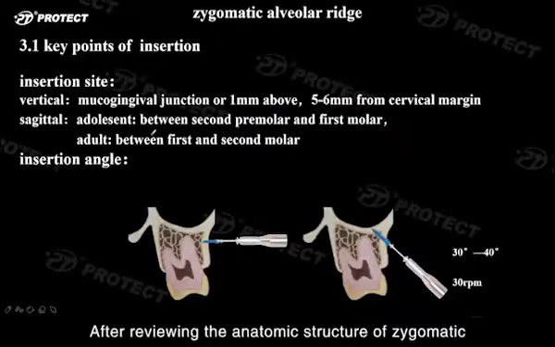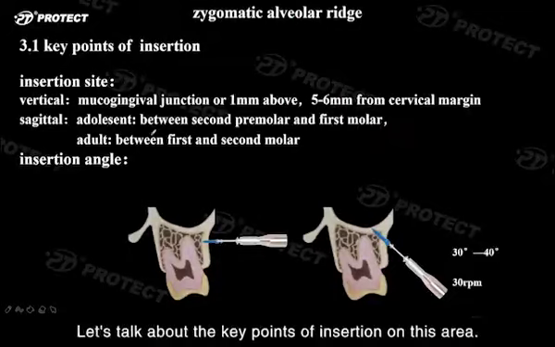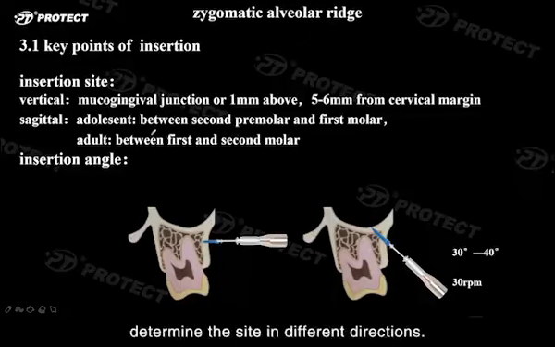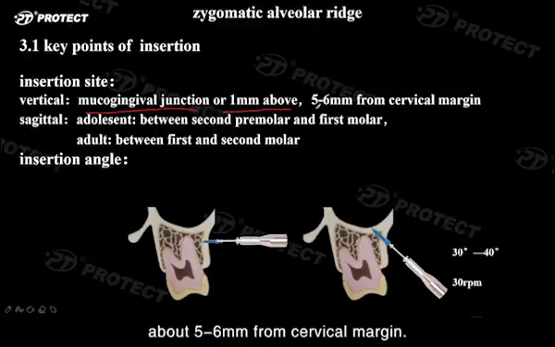After reviewing the anatomic structure of the zygomatic orbital ridge, let's talk about the key points of insertion in this area. Firstly, determine the site in different directions. In the vertical direction, the site is on the mucogingival junction or 1 mm above, about 5 to 6 mm from the cervical margin.